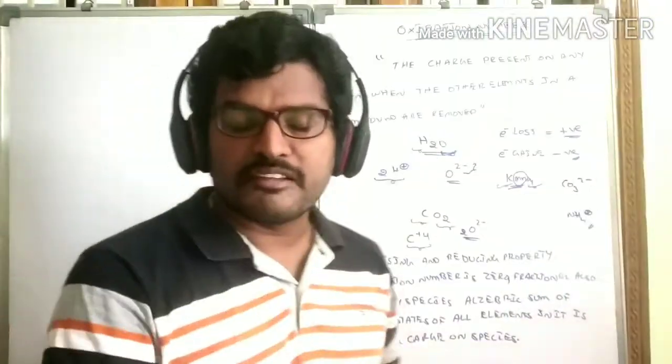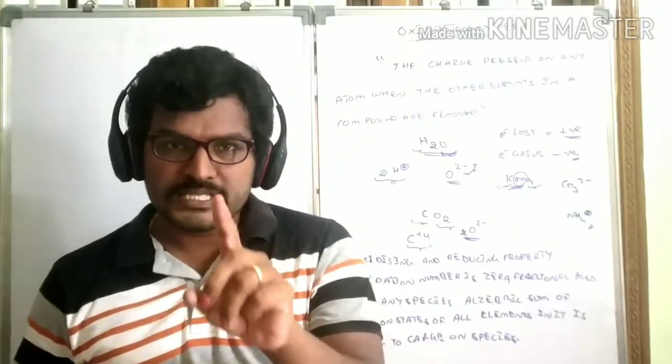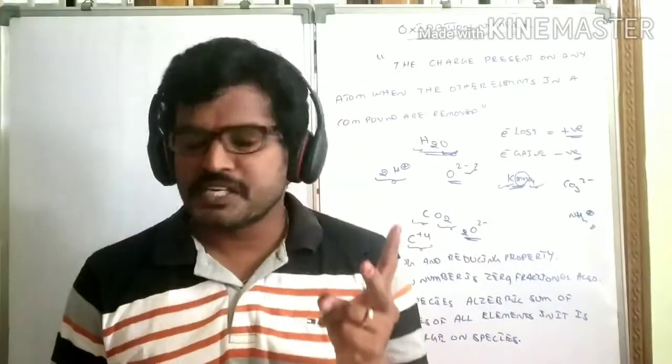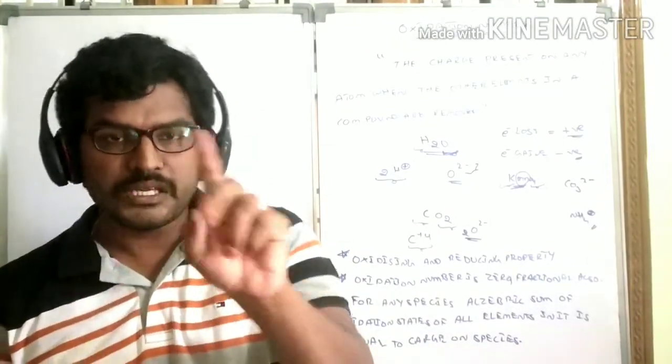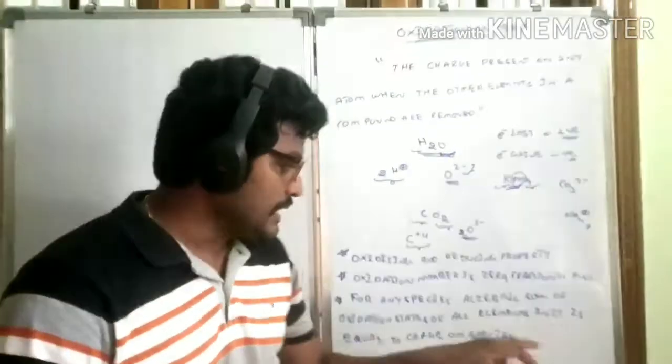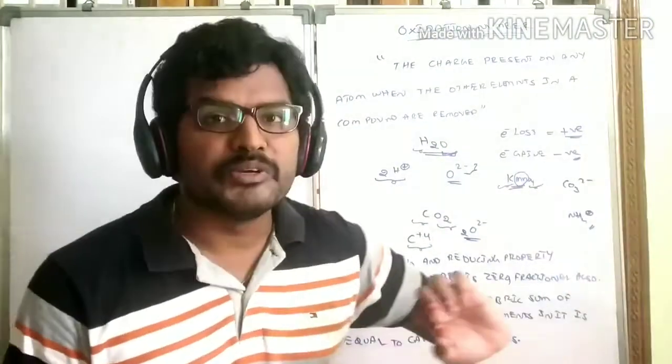Here you should not confuse valency and oxidation number. Valency is the capacity of an element to react with an equal number of hydrogens, an equal number of halogens, or double the number of oxygens or triple the number of nitrogens. Valency can never be 0 except for inert gases, and it can never be fractional.